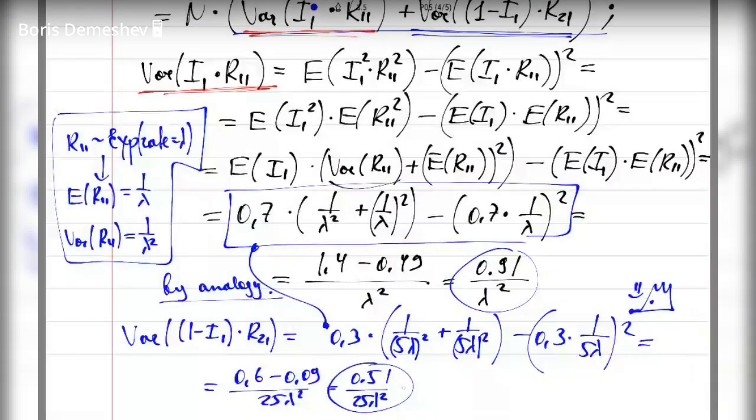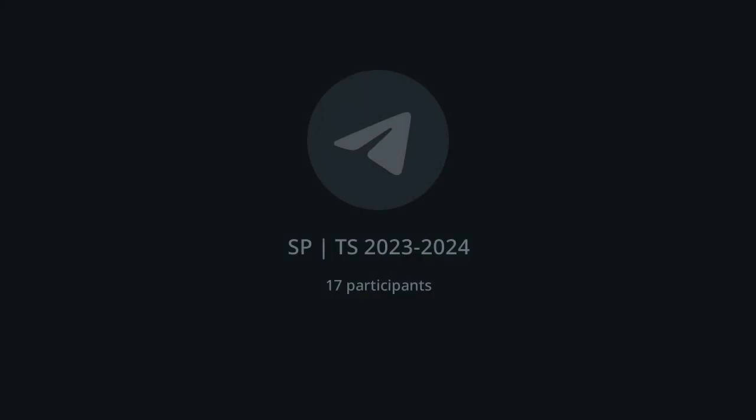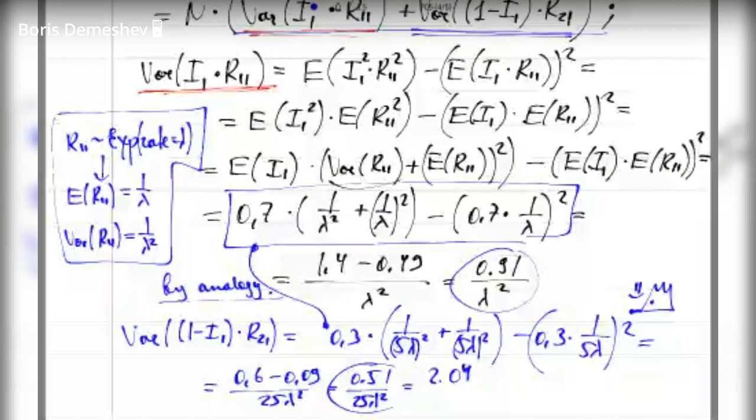Yes, but let's finish. So if I multiply by 4, I will get 2.2004 divided by 100 lambda squared. So it's 0.0204 over lambda squared.